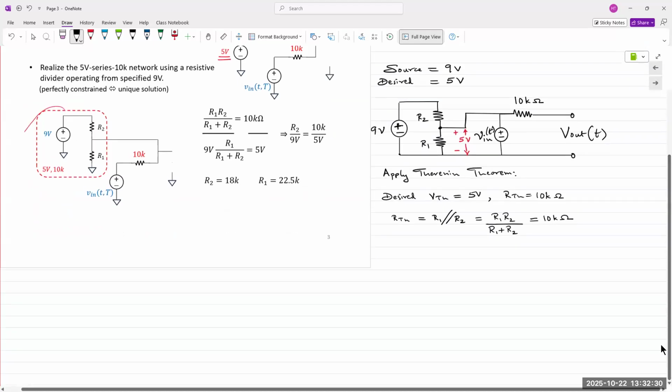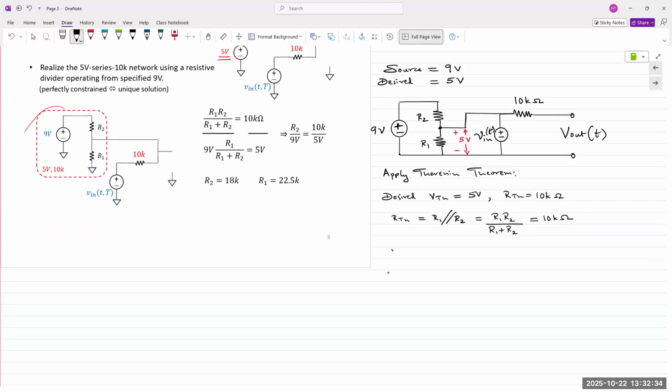Okay. And then from voltage division, VTH is going to be the 9-volt source times R1 over R1 plus R2. And this, we want it to be 5 volts.